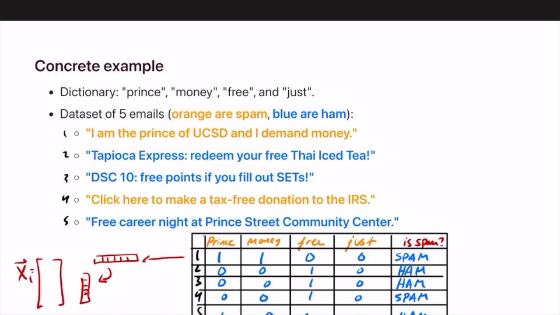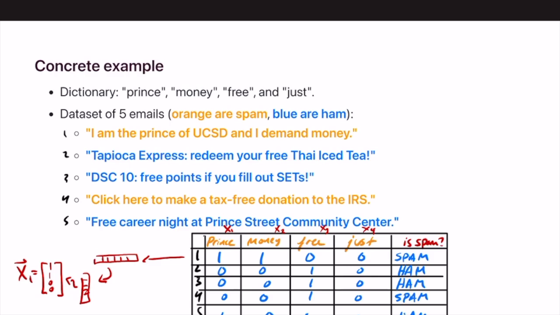So this would be 4 numbers, in this case 1100. So that's what's happening. Really, this is our x1, x2, x3, and x4.